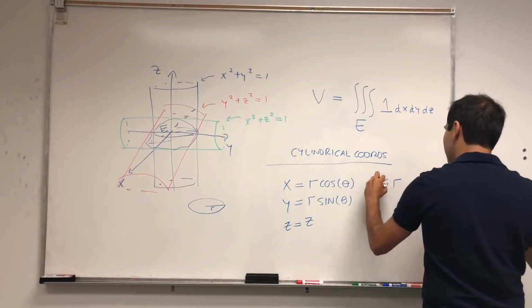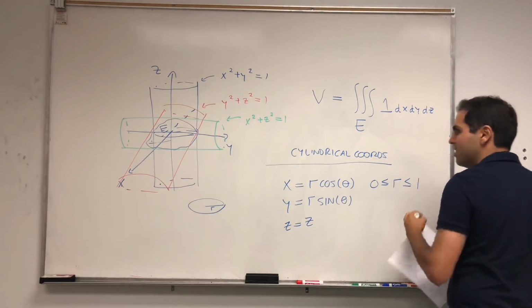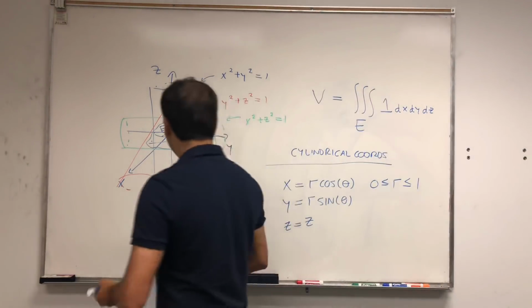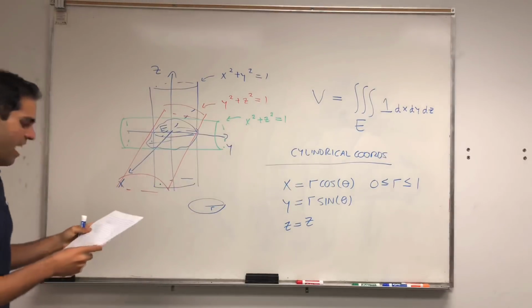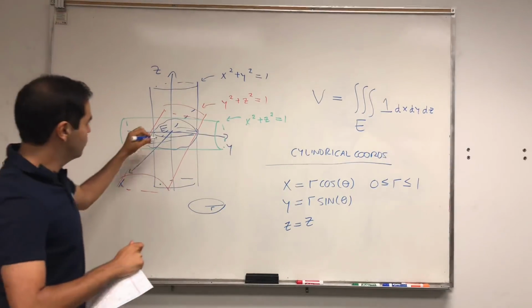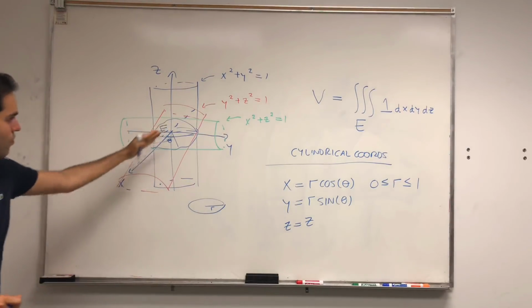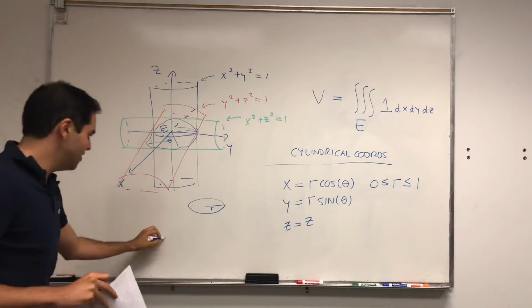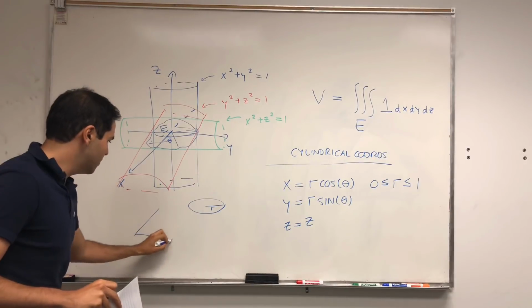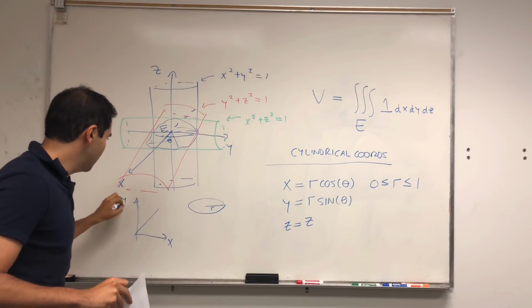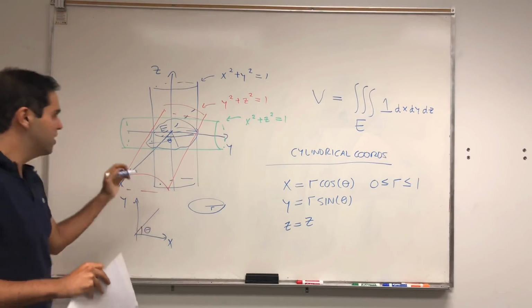So r is between 0 and 1. And the question is now, what about the angle theta, which goes from the x-axis to the y-axis, something like that. So this is x, this is y, and this is theta.